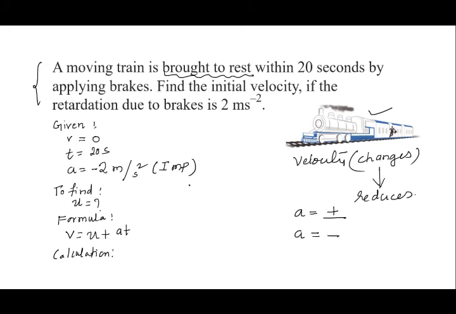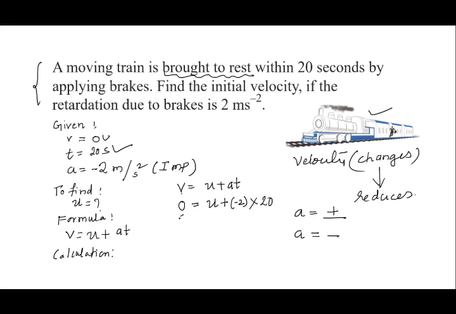Now let me do the calculation here. Since v is equal to u plus at, v is 0 because it is brought to rest. u we have to find, plus acceleration. Don't write 2 meter per second, it is minus 2, into time 20 seconds.